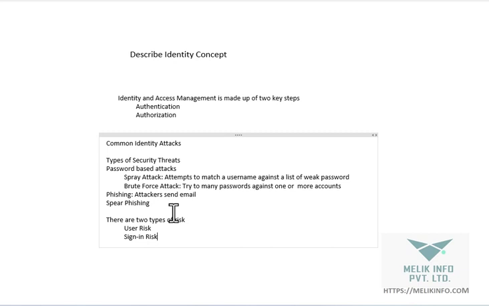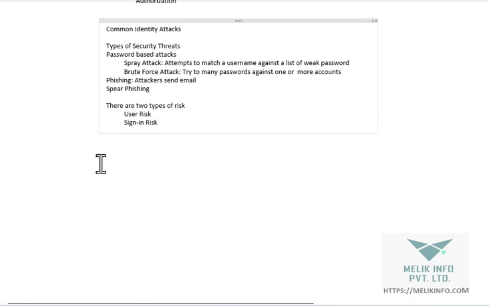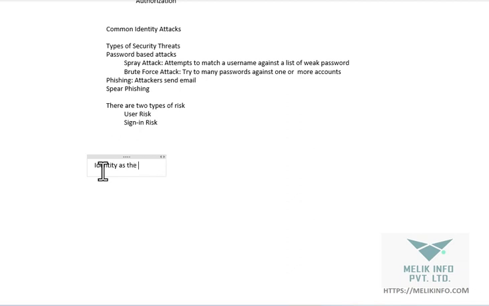Now, if we talk about identity as a primary security perimeter, remember that identity has become the new security perimeter that enables organizations to secure their assets.